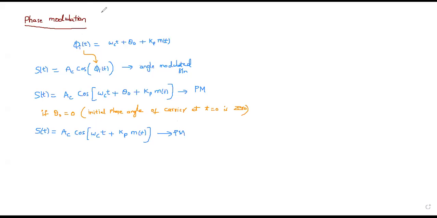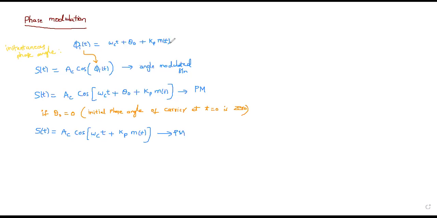Now, how did we define this phi of t? What is phi of t here? Phi of t is the instantaneous phase angle.